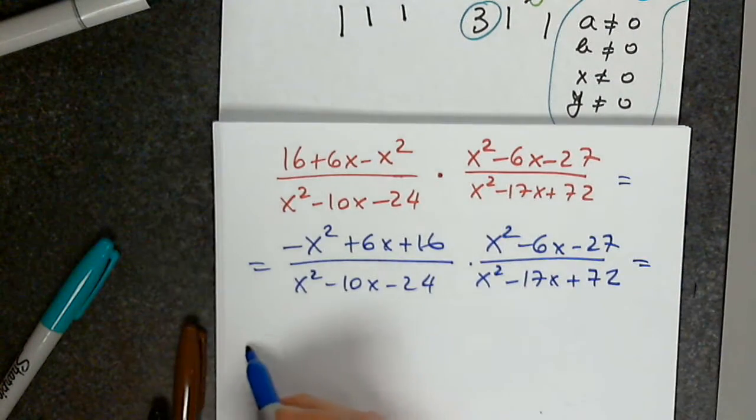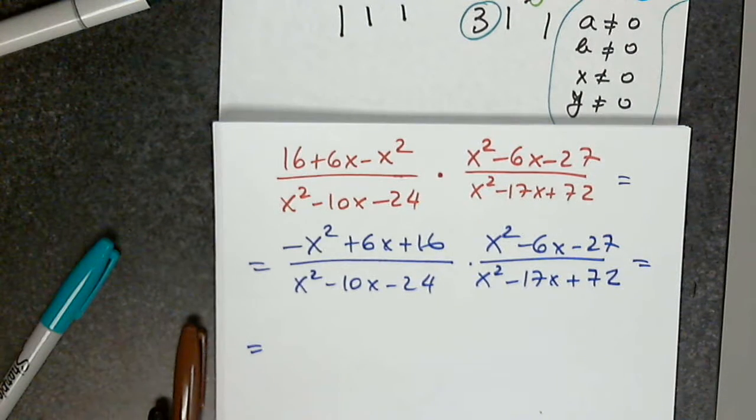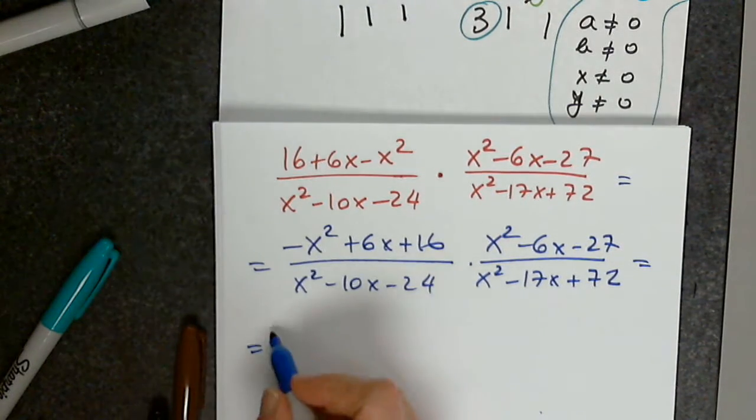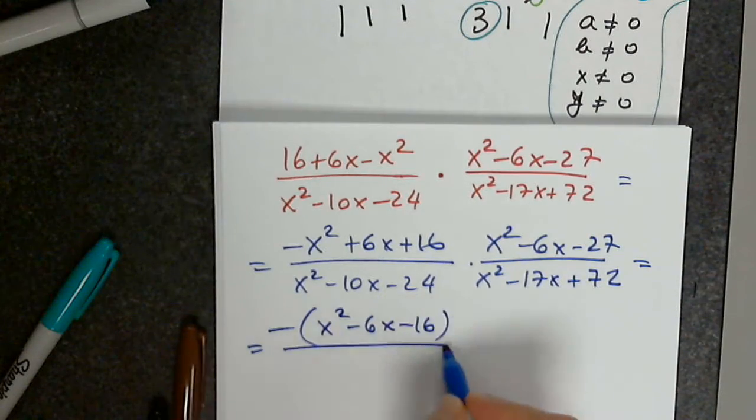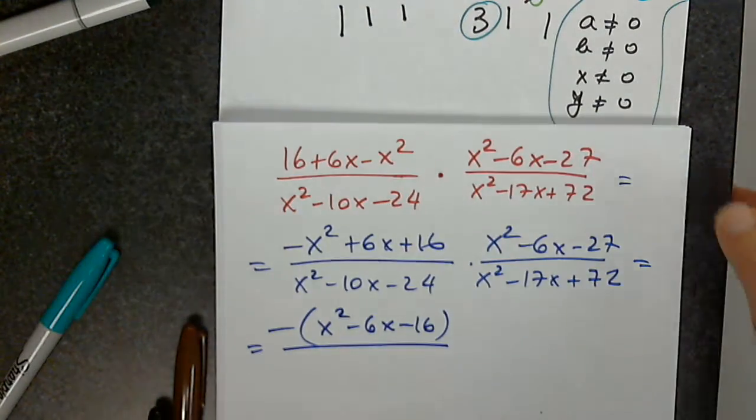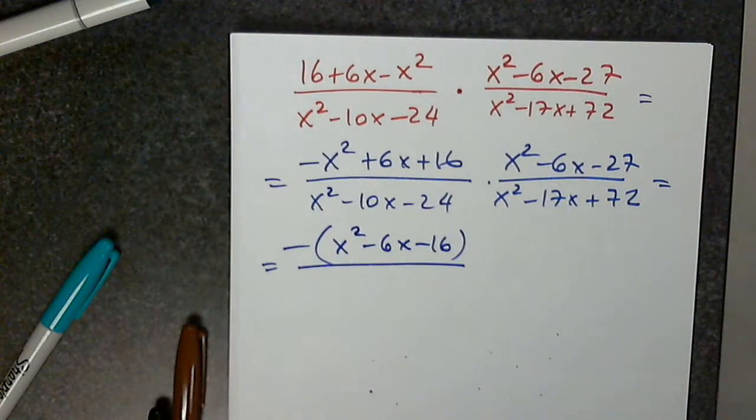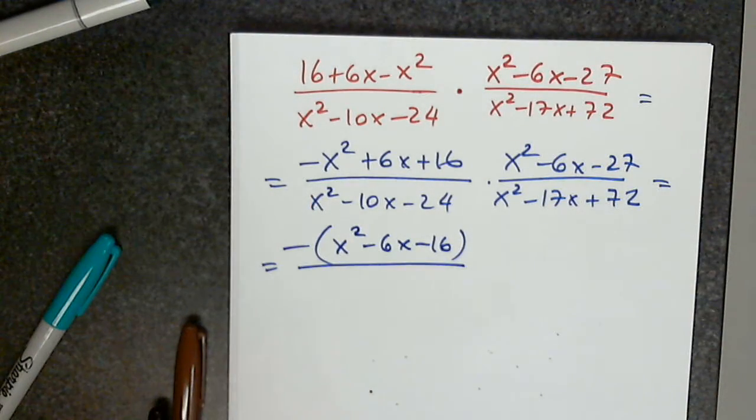At this point, I rearranged the first polynomial, fine, but now it has a negative leading coefficient. What do I do now? Like we did in chapter 6, we have to pull it up. X squared minus 6x minus 16. Let's factor the denominator. How will you factor x squared minus 10x minus 24?